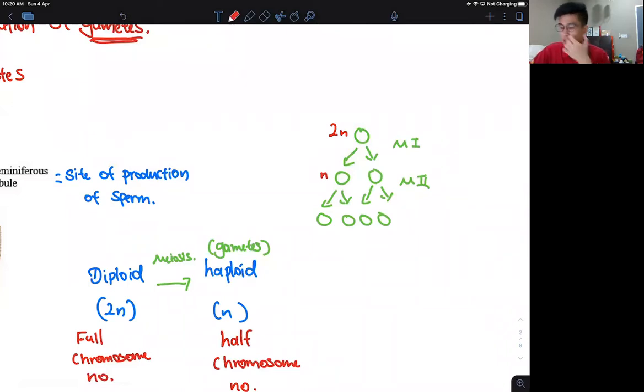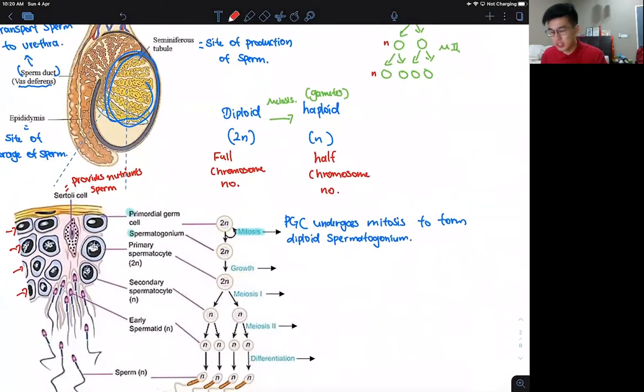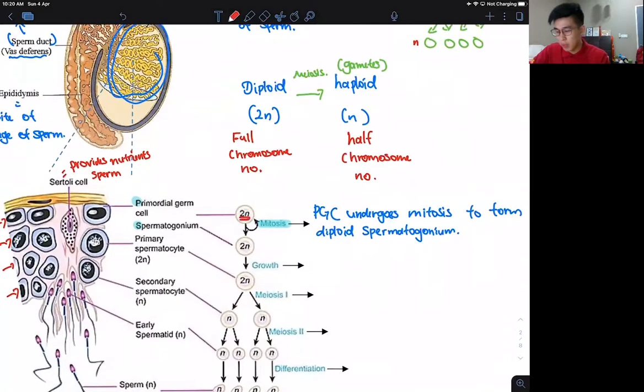And when I undergo meiosis 2, I will remain haploid. As soon as I finish meiosis 1, I go from diploid to haploid, full to half. So at the beginning, I haven't undergone meiosis yet. That's why the number of chromosomes is still full, still 2N, as you can see over here.